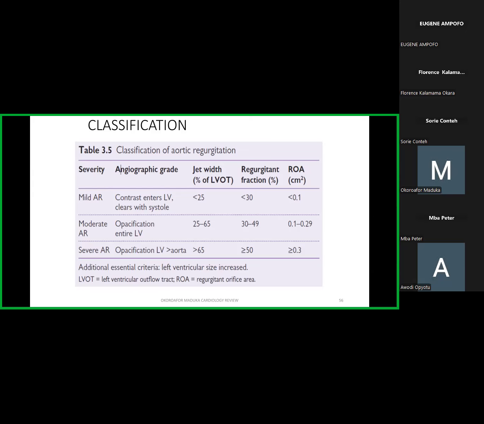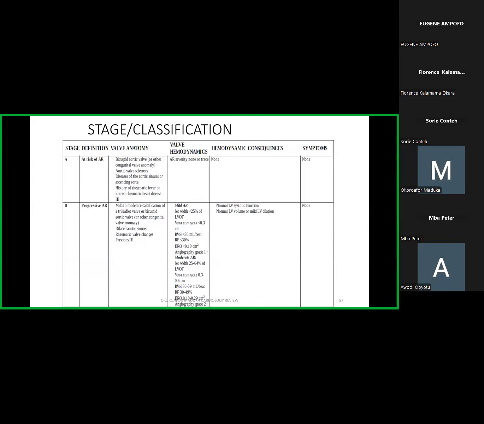So you have a regurgitant fraction greater than 50%, or a jet width greater than 65, or the effective regurgitant orifice greater than 0.3. So these are suggestive of severe aortic regurgitation.